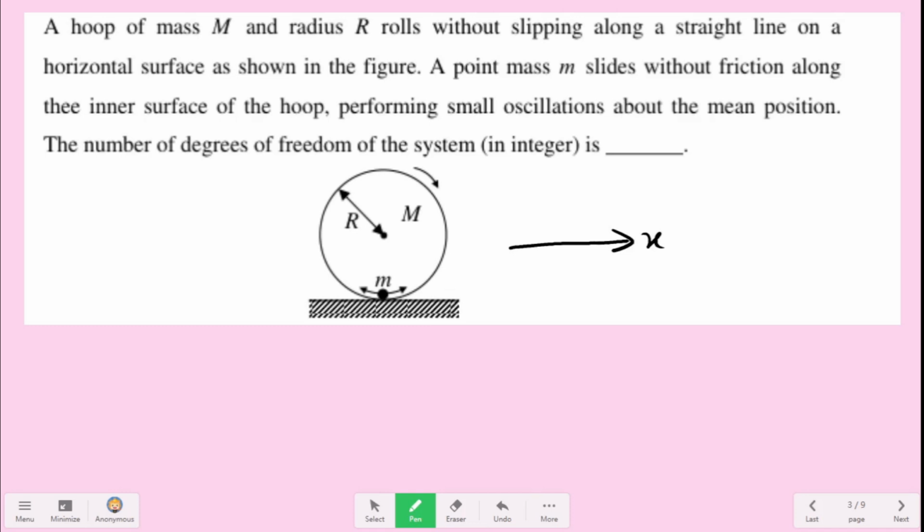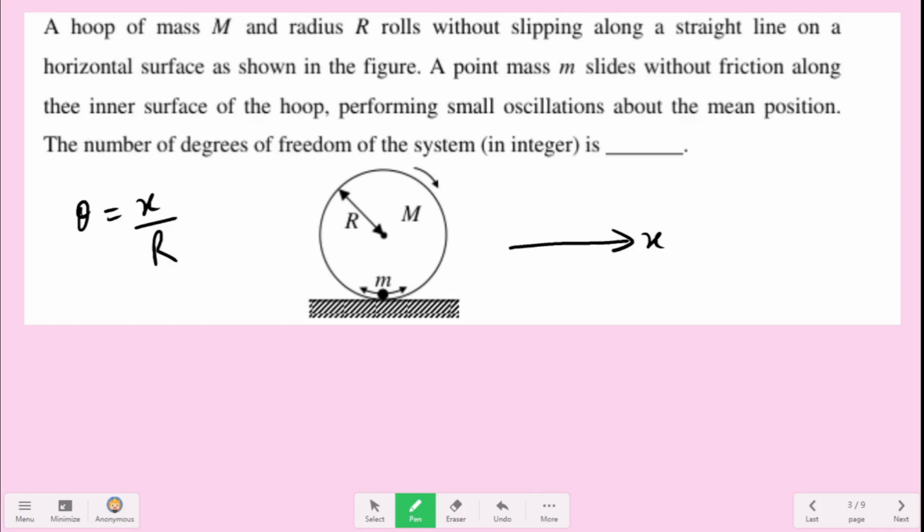To represent the rotation we can use theta, but theta is not independent, theta is dependent on x. Theta is equal to x divided by r because this is rolling without slipping. So because of rotation there is 0 degree of freedom.